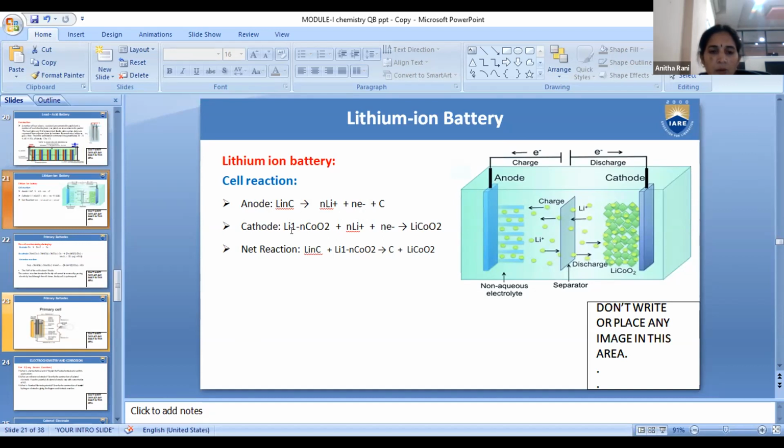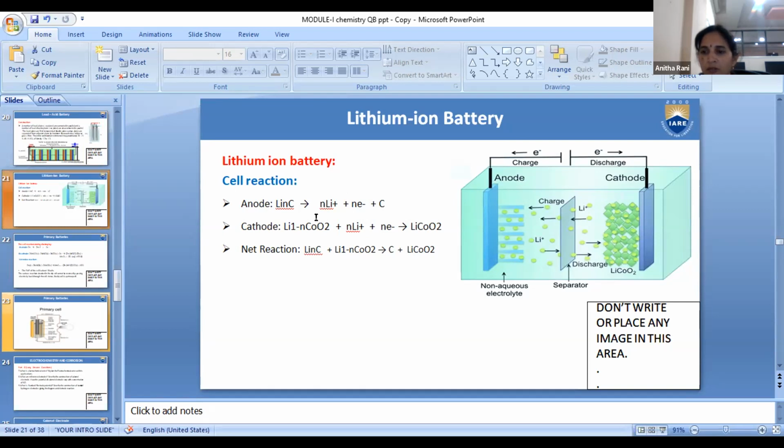At the cathode, lithium cobalt oxide is gaining electrons: Li(1-n)CoO2 plus the movement of lithium ions from anode to cathode. Here it gains electrons and is reduced to lithium cobalt oxide. Now students, is this a discharging or charging reaction?